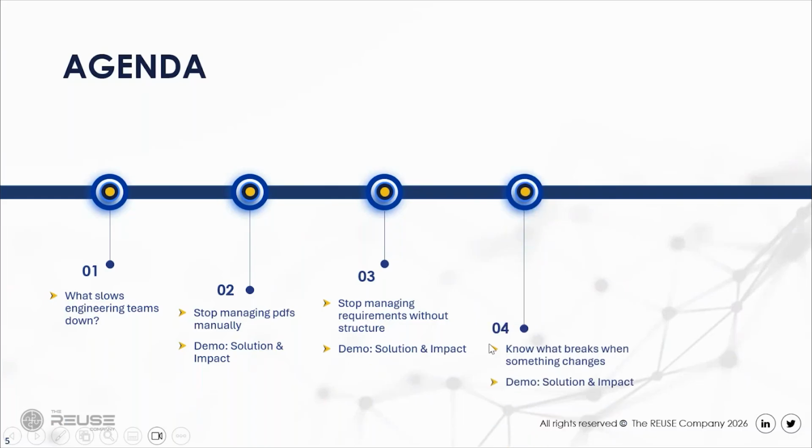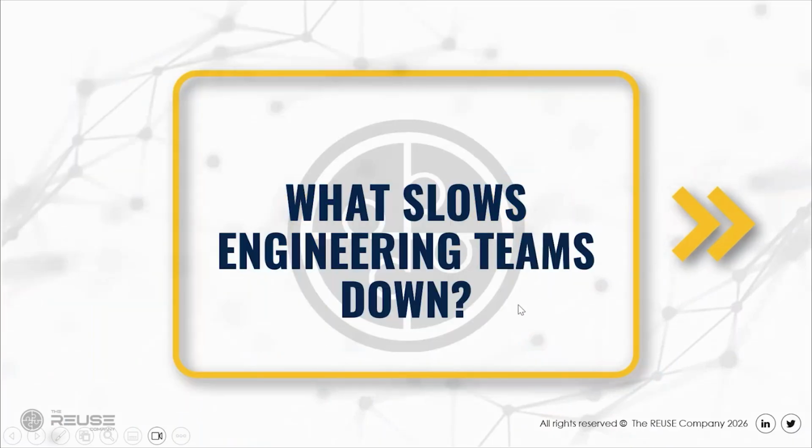Fourth is how one can understand what breaks when something changes, focusing on traceability. And the fifth part would be conclusion. With that, I would like everyone to take a couple of seconds to think about what would slow an engineering team.